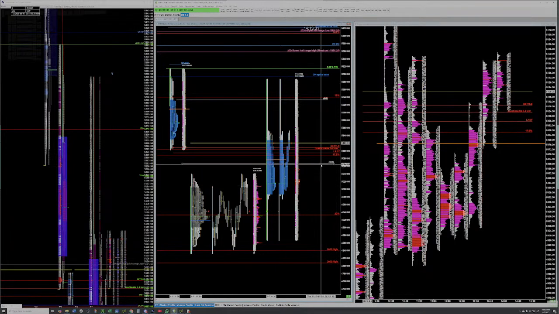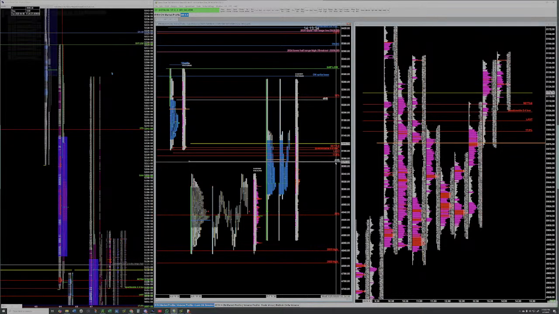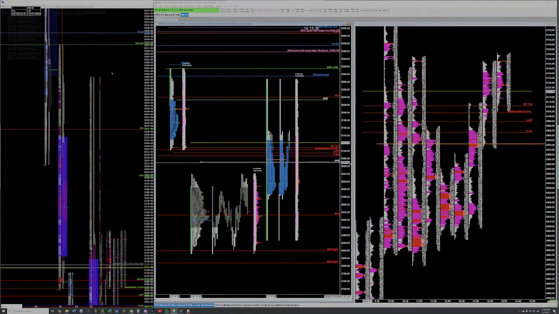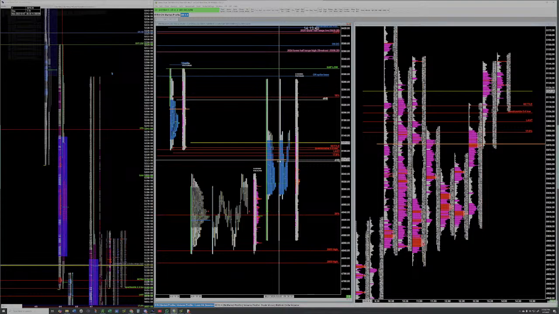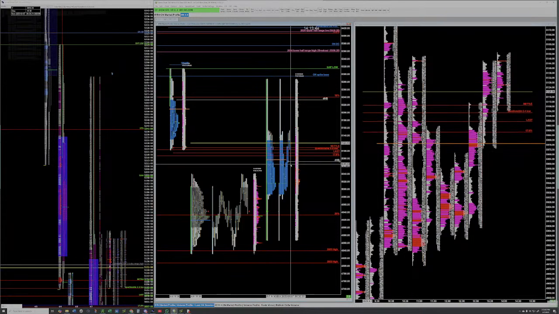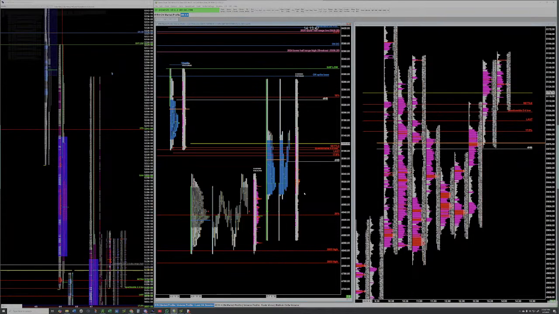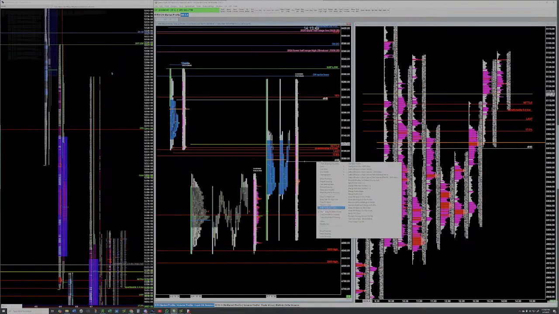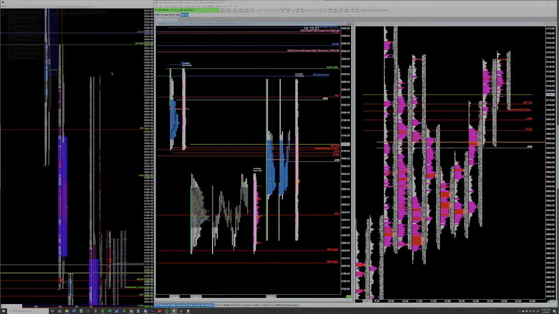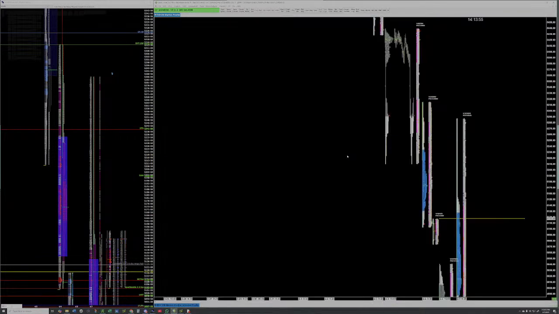I'm going to move the drawing to this low here, this one. Let me lock this drawing and save the chart. Let me save the chart. Oh shit! What the heck happened here?